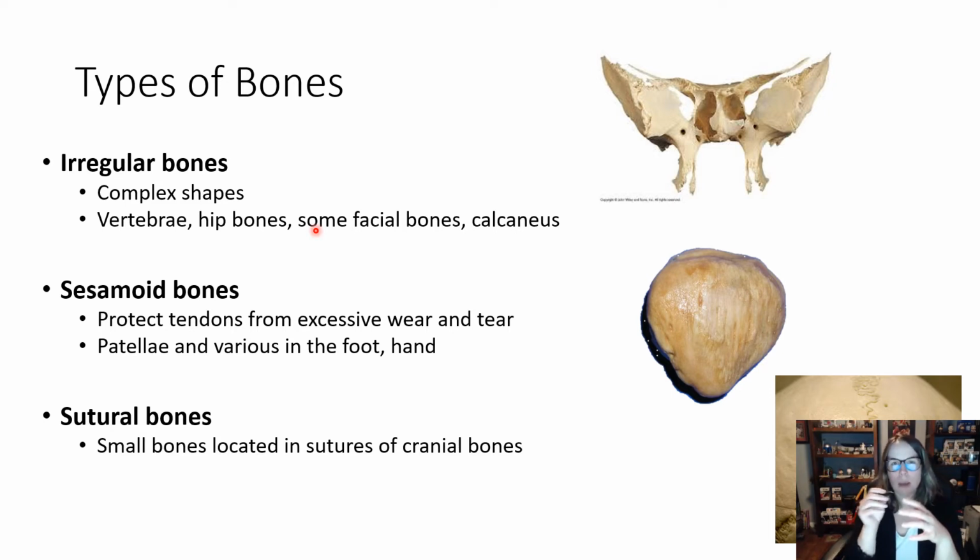And sometimes we have little bones that are inside those sutures that just help join the cranial bones better. They're not their own bone, they're just these little tiny bones that kind of help make everything come together, which is why I don't often talk about them. These first 5, though, we will be looking at in lab because they're the easiest to find.